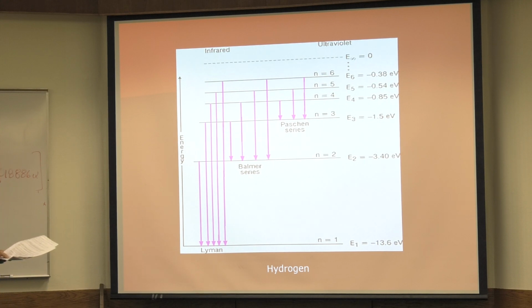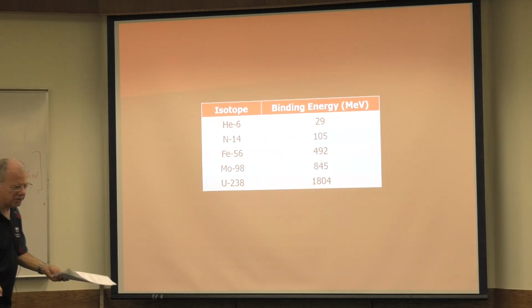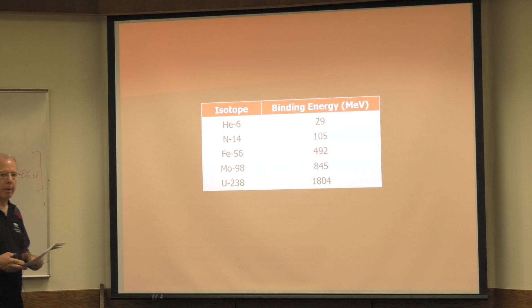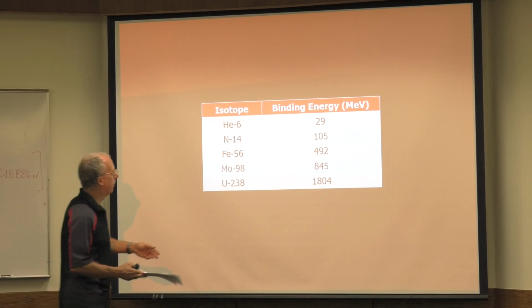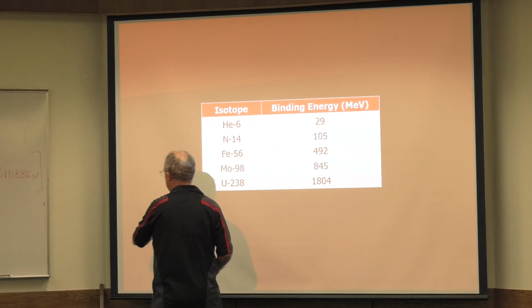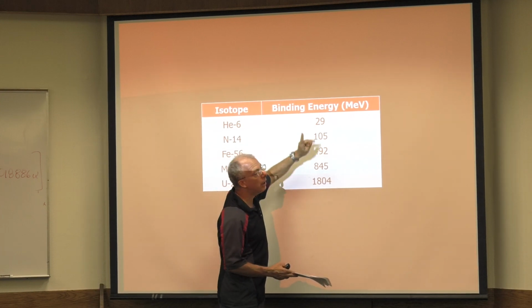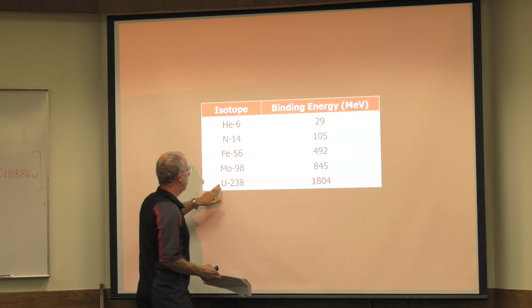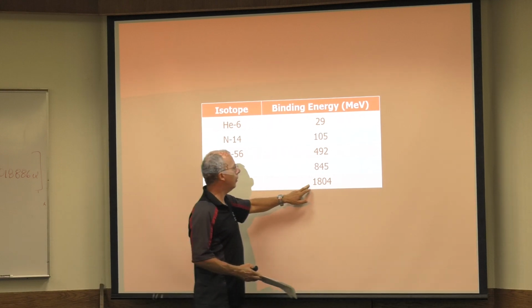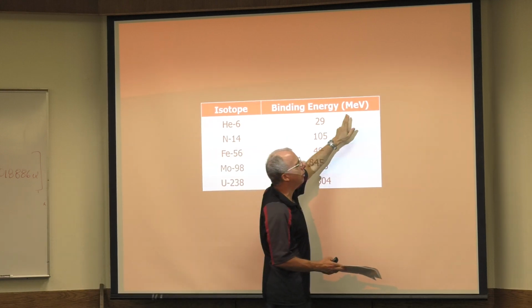Now, look at nuclear physics. We're calculating binding energies. Look at these values. Helium-6, we just did that, 29 million electron volts. Uranium-238, almost 2,000 million electron volts.